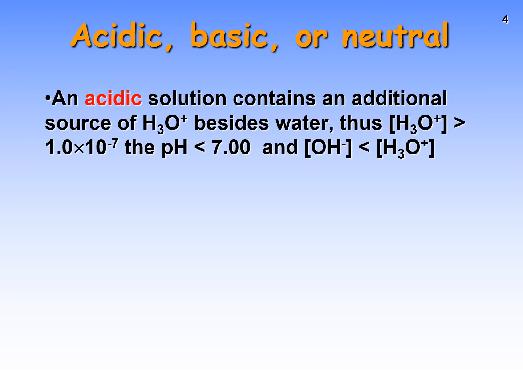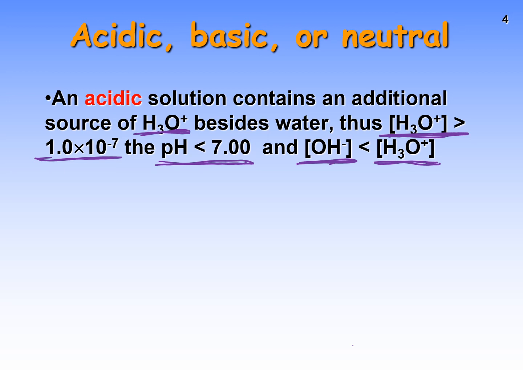An acidic solution contains an additional amount of H3O plus in solution besides what is formed from water. Because of this, at 25 degrees Celsius, if our solution is acidic, the H3O plus concentration has to be greater than 1 times 10 to the negative 7, which means that the pH is less than 7. In addition, in acidic solutions, H3O plus concentration is larger than OH minus concentration.